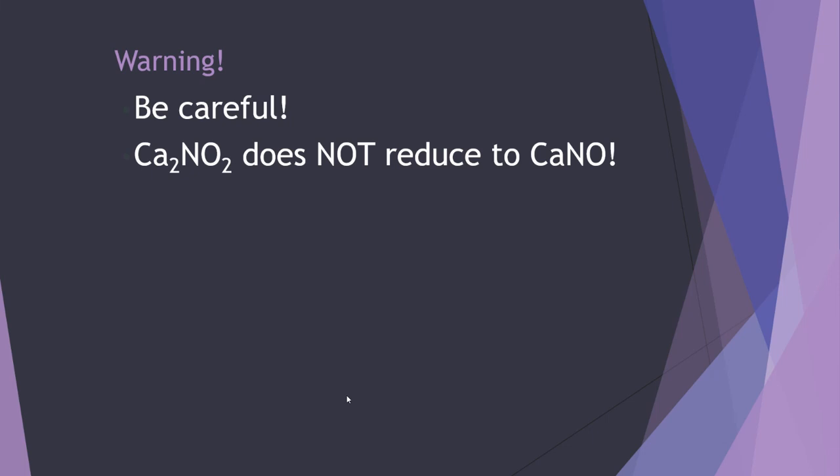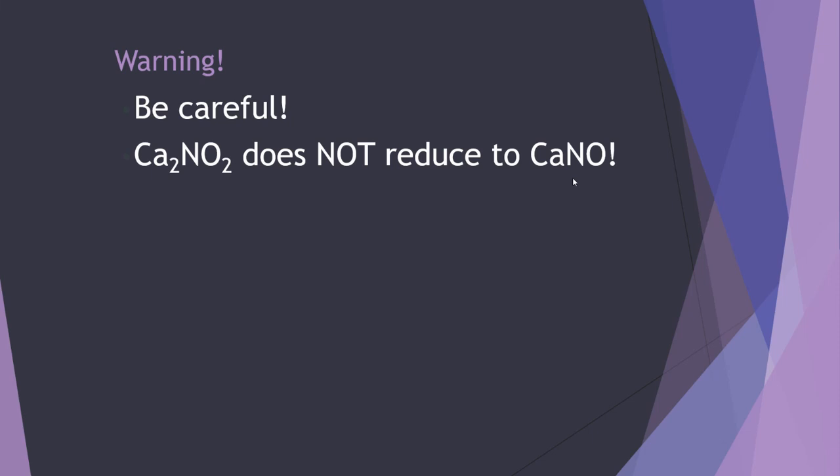All right. So a warning here, really important. Highlight this, star this. So be careful. Ca2(NO2)2 does not reduce to CaNO2 because here there's one nitrogen, here there's 1 nitrogen. If you divide your calcium by 2, oxygens by 2, you'd have to divide your nitrogens by 2, and you cannot have a subscript of a half here. It's really, really common to make this mistake.